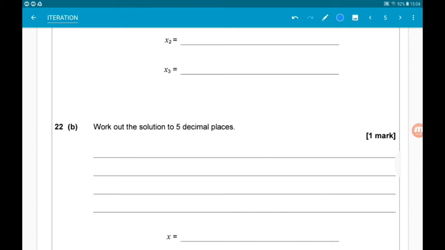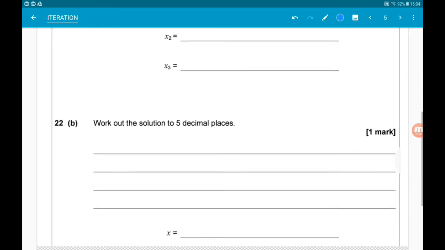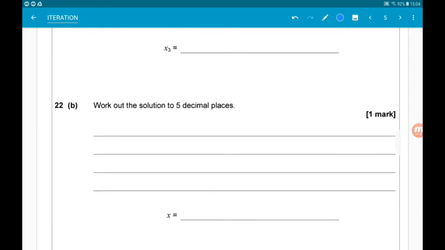So, do that, and we should get x is equal to minus 0.20081. Cool.